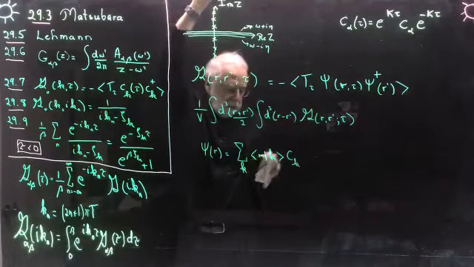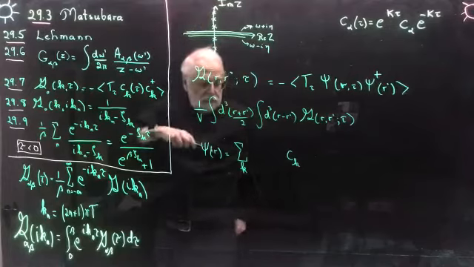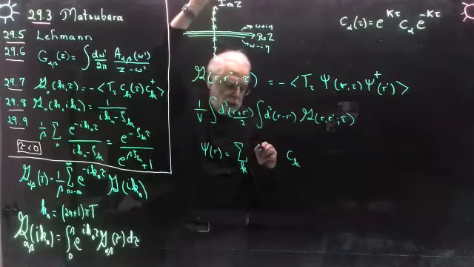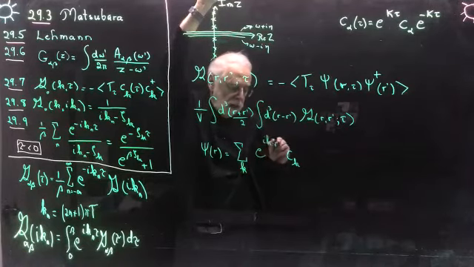And this object in this funny basis, we said that this should be e to the i k dot r over square root of volume.